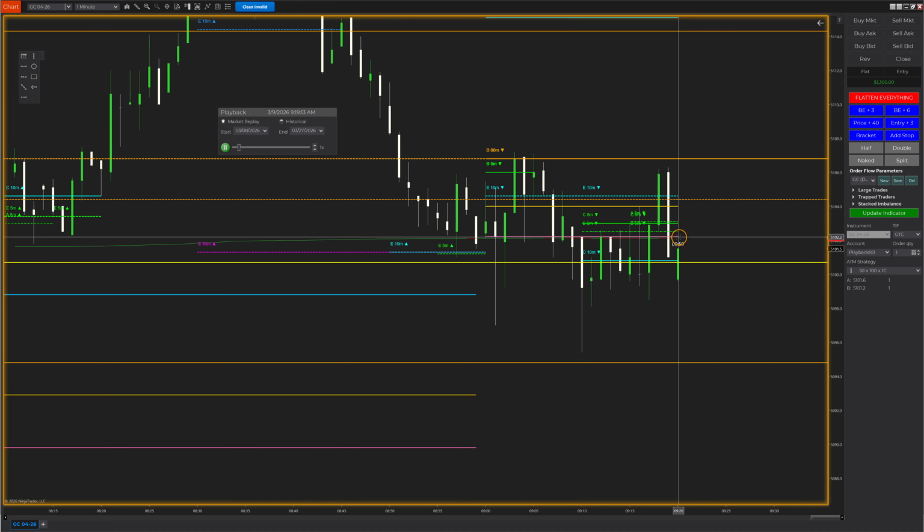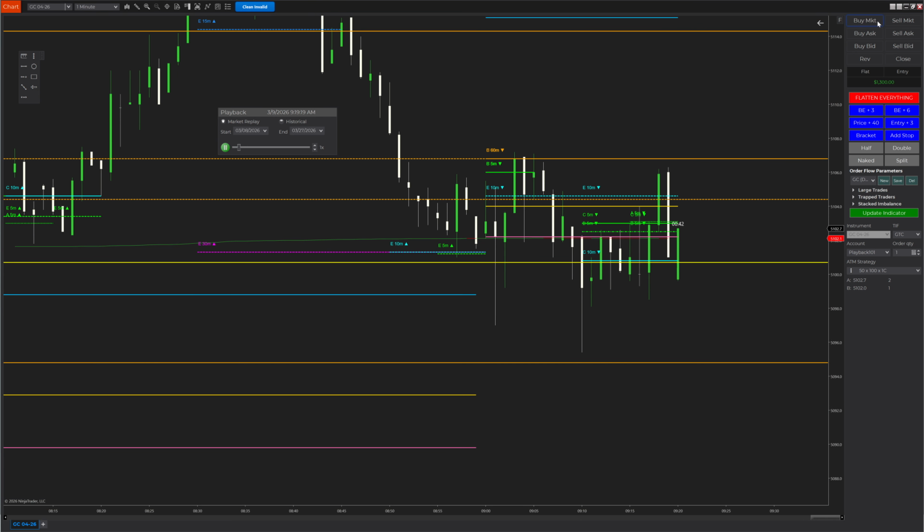Maybe if it comes up here and touches the value area low and then rejects off of that.